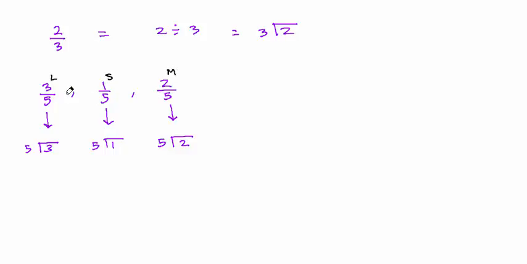So if you were to arrange them from smallest to largest, the smallest is 1/5, that's less than 2/5, and that's smaller than 3/5.